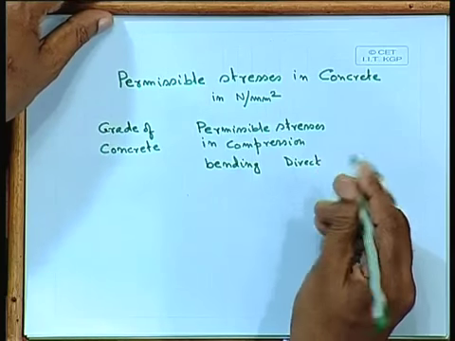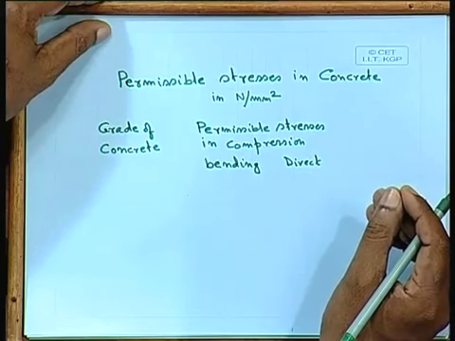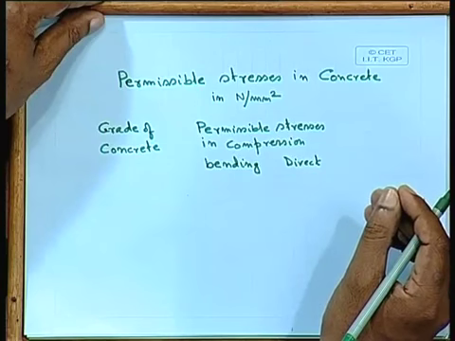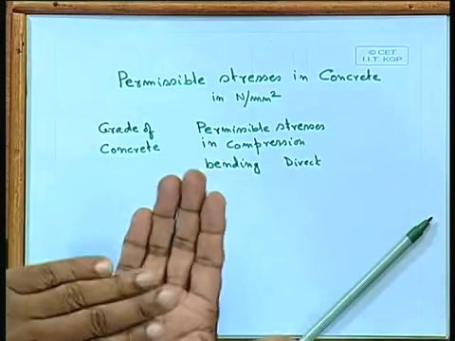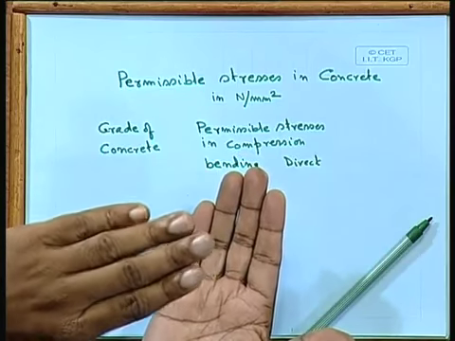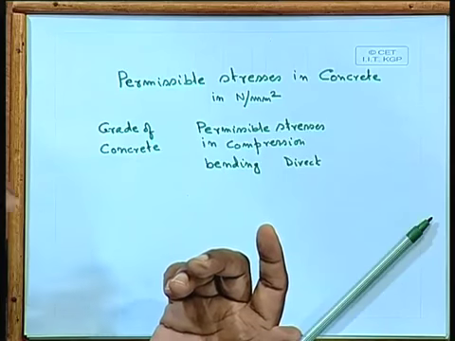When the beam is bent, the compressive stress developed is called bending compression. When you press a column like this, that is called direct compression. So you have bending compression and direct compression, two different compressions.